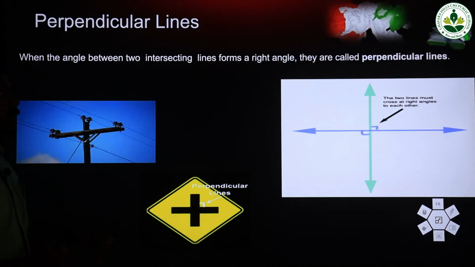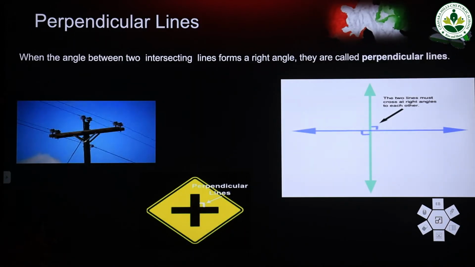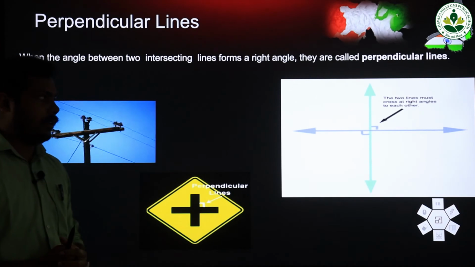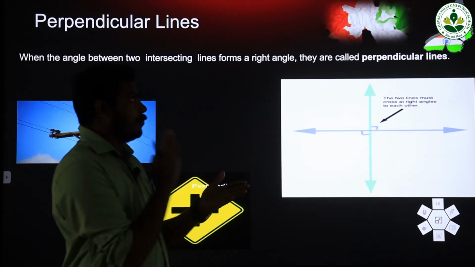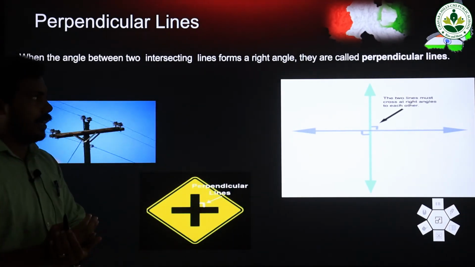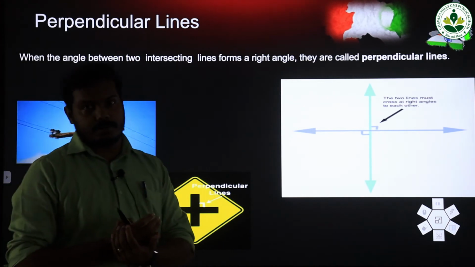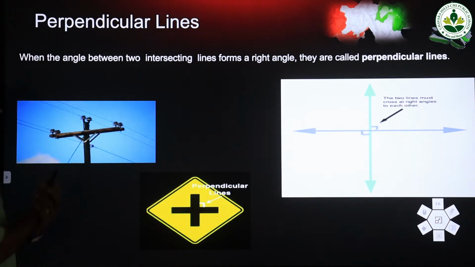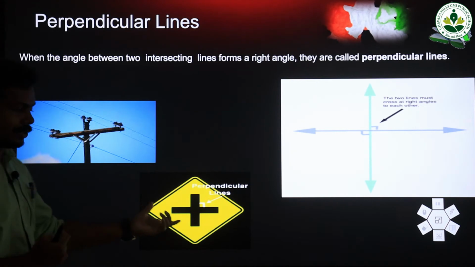And next we need to know about perpendicular lines. When the angle between two intersecting lines forms a right angle, they are called perpendicular lines. For example, here you can see an electric post or a signboard.